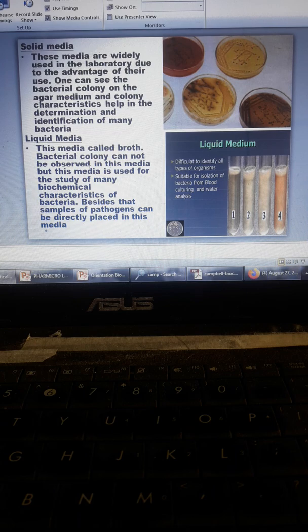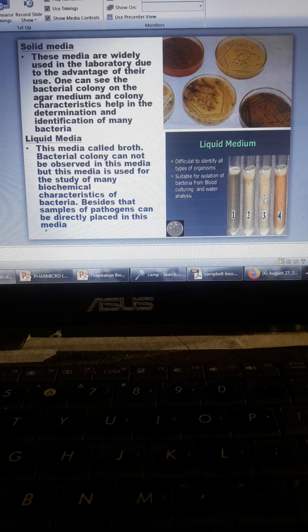So we have liquid media. So this one called broth. So bacterial colony cannot be observed in this media, but this media is used for study of biochemical characteristics, besides samples of pathogens that can directly be placed in this media. Usually, it's difficult to identify all types of organisms; suitable for isolation of bacteria and blood culturing and water analysis.